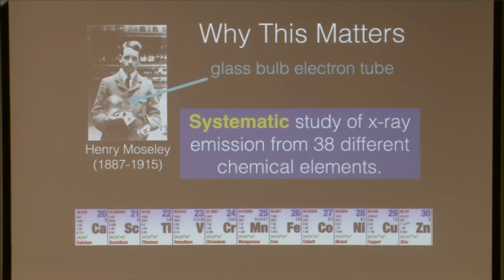So he took all of these elements, from calcium all the way to zinc, 20 to 30, and said, I want to look at the K alpha lines of all of these. And what he found was extraordinary. He did more, 38 in total, but I'm just going to show you his data for these. And what he did was absolutely profound.